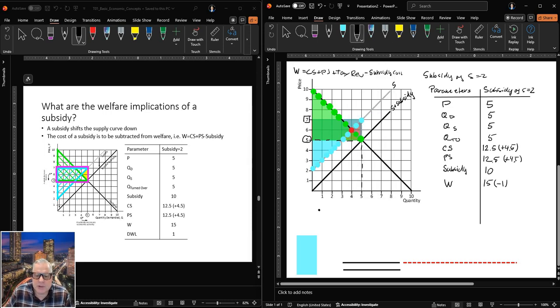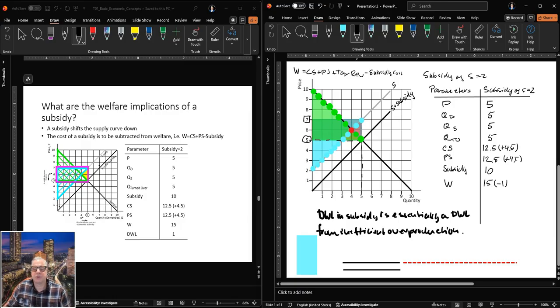So the deadweight loss in a subsidy is essentially a deadweight loss from inefficient overproduction.